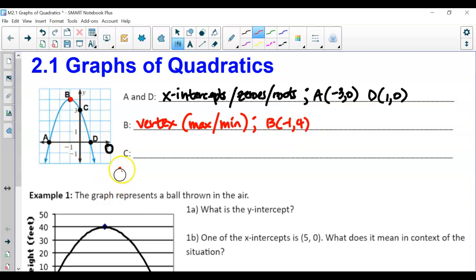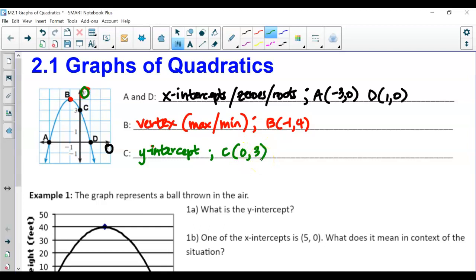Then point C. Well, now notice C is crossing the y-axis. So C is our y-intercept. And point C is at 0, 3.